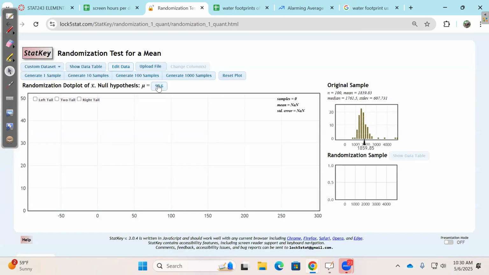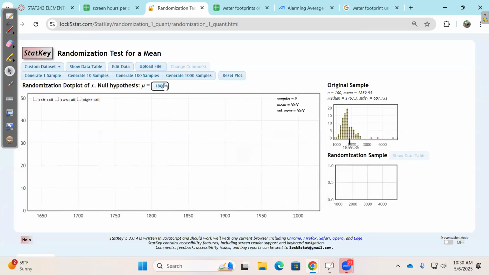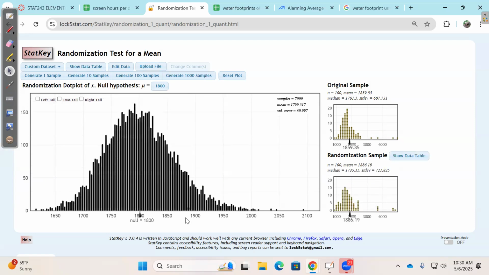And then I have to adjust the null, right? It's not 98.6. In this case, it's 1800. And then now it's kind of like having a confidence interval. Then once I set those two things, data and null, then I generate. Okay. And I get this roughly bell-shaped curve here. The original sample was a little skewed, and so the sampling distributions are a little skewed there.